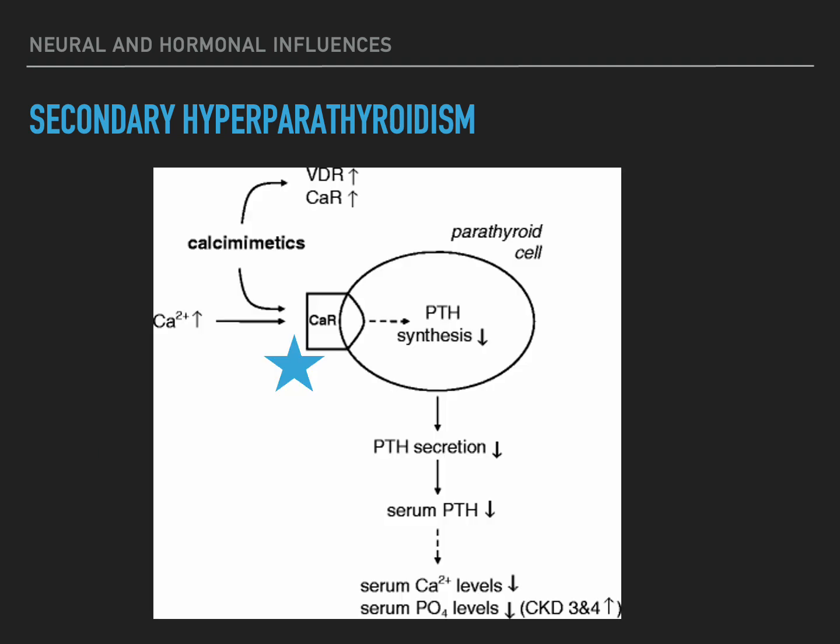Here you can see a schematic of the calcimimetic's effect on parathyroid hormone synthesis as the molecule binds in the usual calcium receptor on the parathyroid gland, leading to decreased PTH synthesis. So essentially mimicking the action of calcium on the tissues.